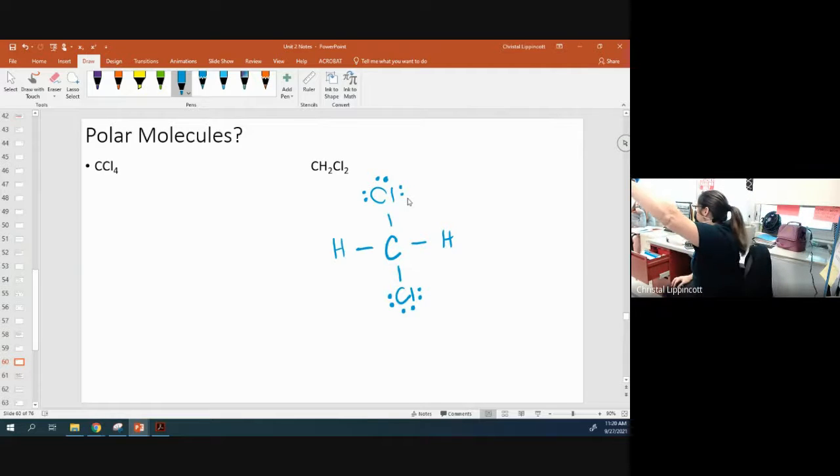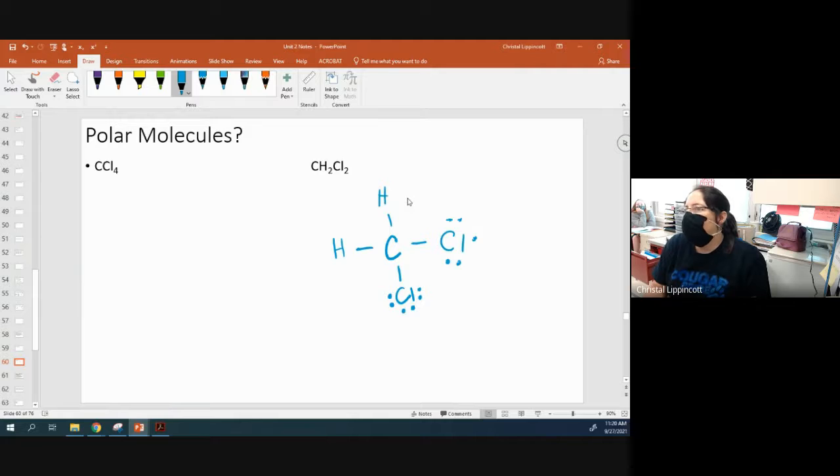I'm going to have more electrons here than I'm going to have here. This is not polar, is it? Or this is polar. This is polar. It's not non-polar. You've got more electrons here, so you've got a greater negative charge here than you would here. Okay? So if we were to draw this in, I would actually draw this a little differently. I would draw my chlorines over here to kind of show that the other way is fine too, okay?